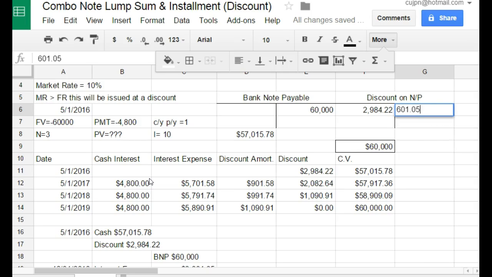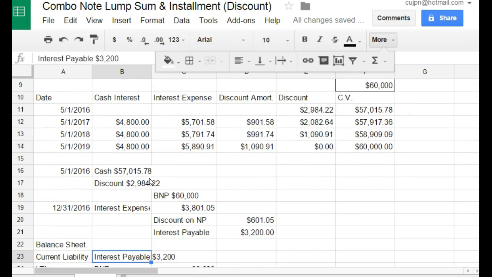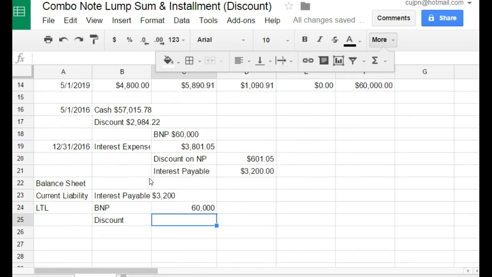When we do the net difference there, we get a value of $2,383.17.